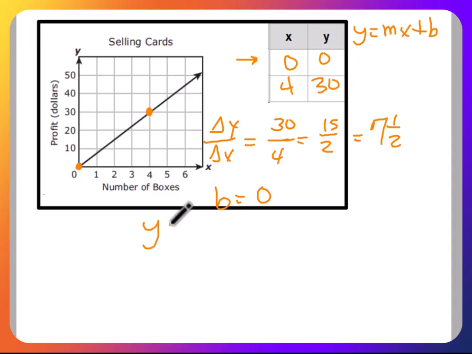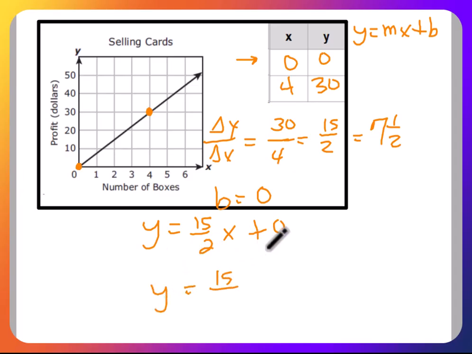The y stays the same, equals the rate of change. I'm going to keep it improper. If you want to use the mixed number 7 1/2, that's fine. 15 halves, x. Now, our y-intercept is a 0. Do we really need to put plus 0? No, we don't need to put plus 0 because that doesn't really add a value to our equation, does it?